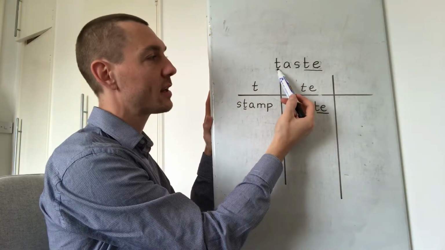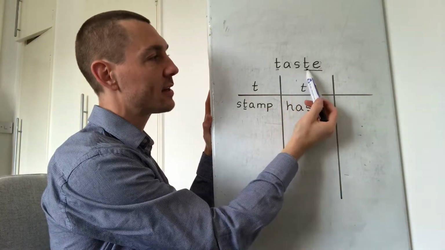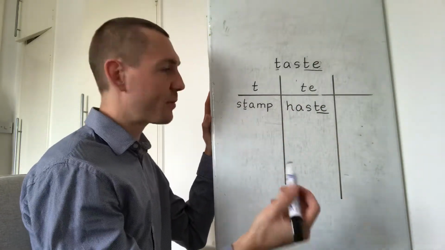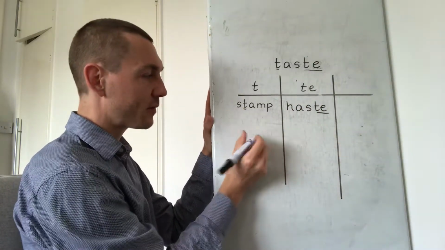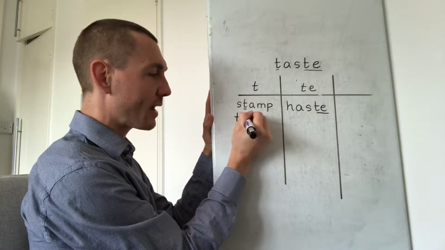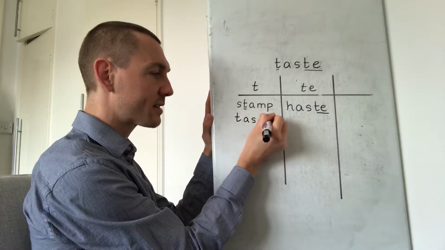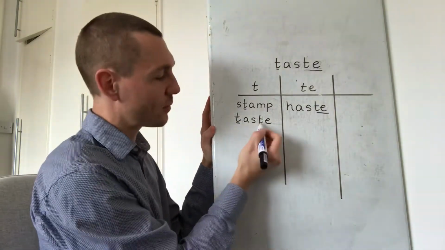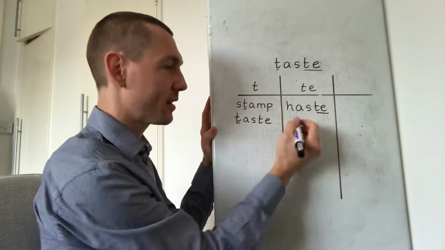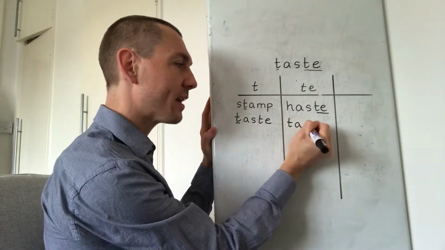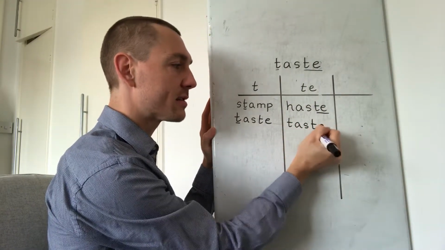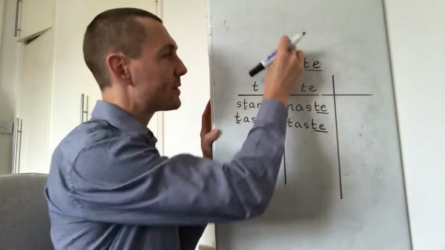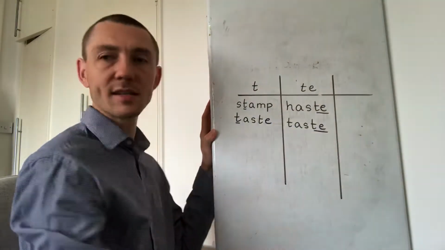We have t, a, s, t, taste. So we can write it in 2 separate sections, with the t spelling of t, t, a, s, t, taste, and with the T-E spelling at the end. Same sound, just 2 different spellings in the same word.